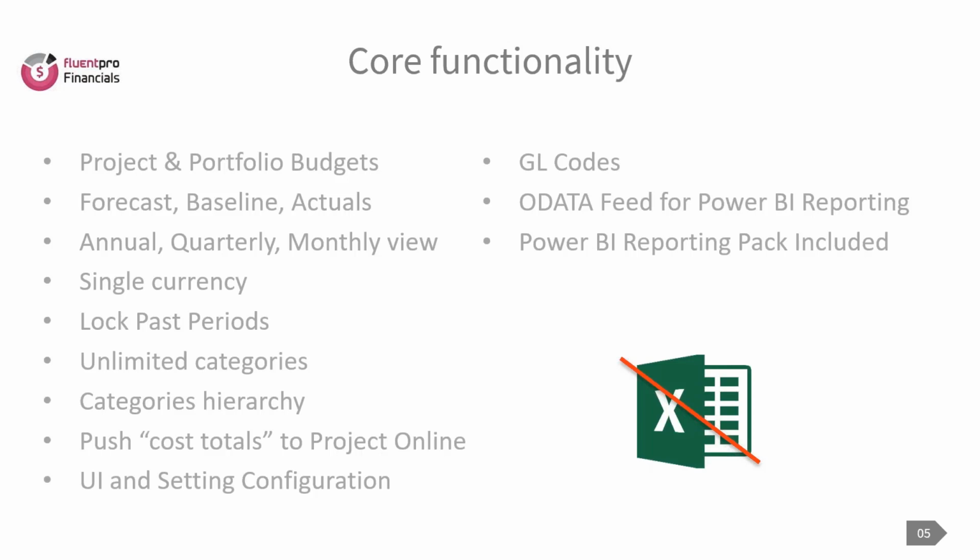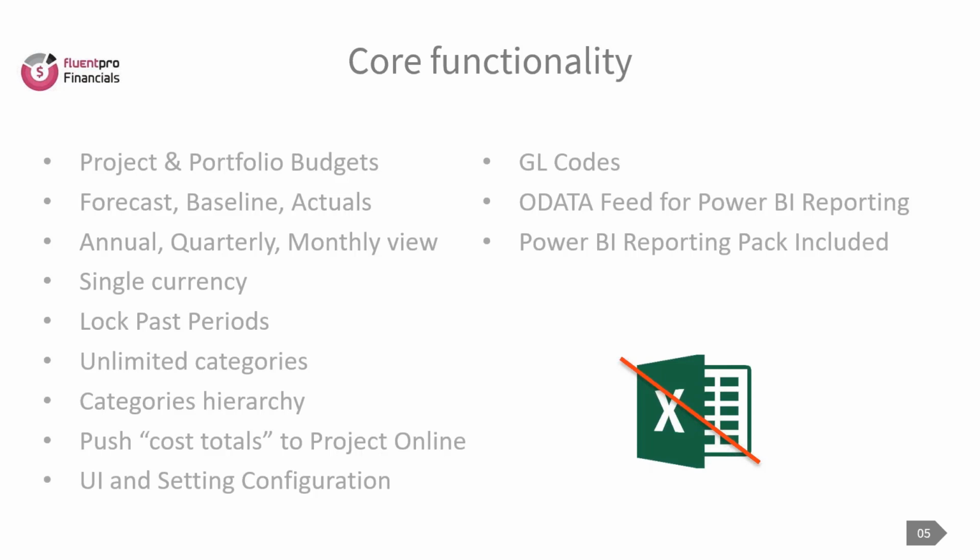As core functionality, we support forecasts, baselines, and actuals tracking. You can switch between monthly, quarterly, and annual data views, so you can see that information for projects of pretty much any duration. Right now we support a single currency, and we can lock periods for data entry so that employees cannot change past data.